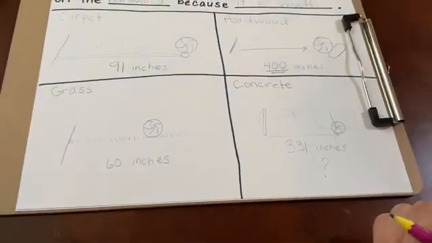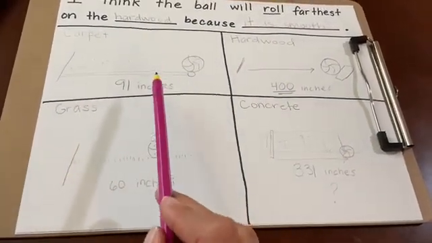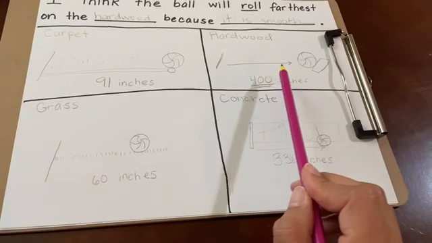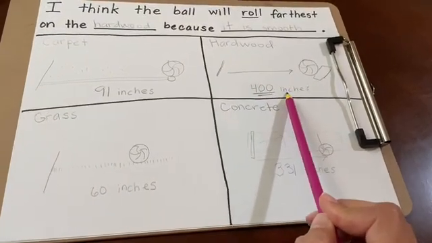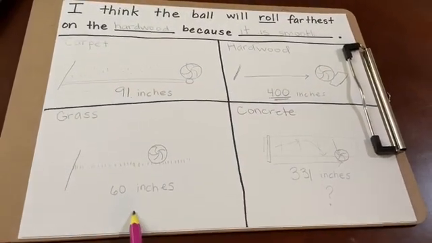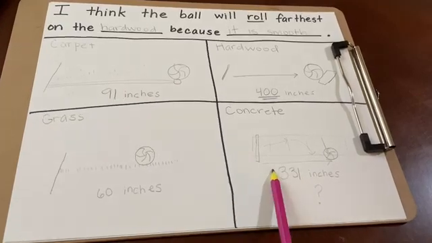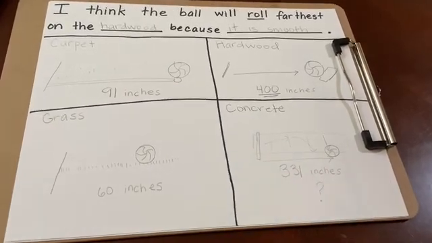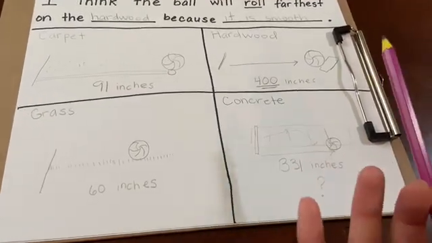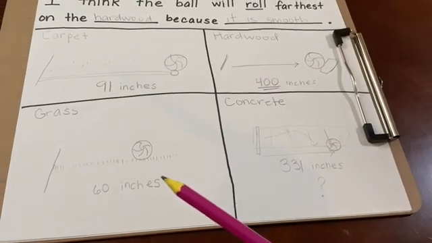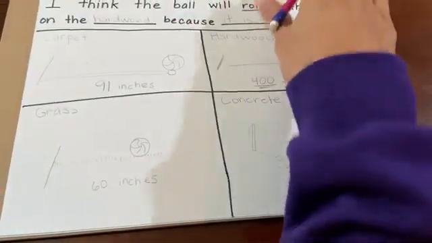But so now we have all of them. Carpet was 91 inches, hardwood was 400 inches, grass was 60 inches, and concrete was 331 inches, but it could have gone further had I had a nice flat surface.